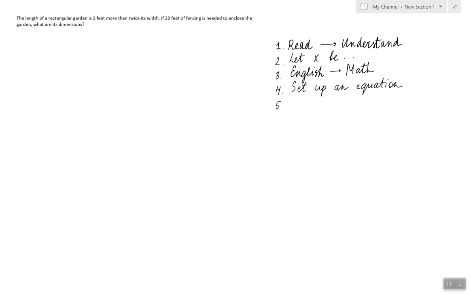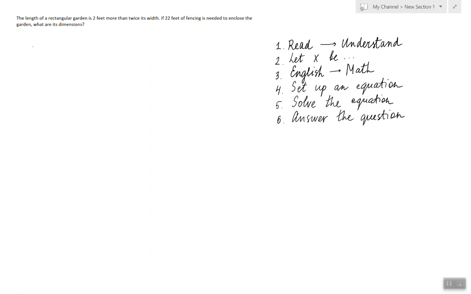Step 5 is the simplest one. You just solve whatever you set up in step 4. And step 6 is to answer the question. Alright, so let's get started.